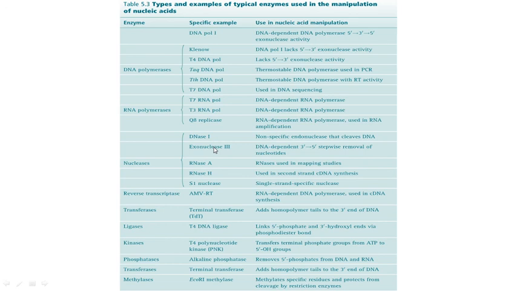I have given you several examples of restriction endonucleases as well. Apart from that, reverse transcriptase, transferases, and ligases like T4 DNA ligase, which we use for ligating the gene of interest into the vector. Similarly, kinases are also important, phosphatases and transferases. So these are some important enzymes for molecular biology experiments.